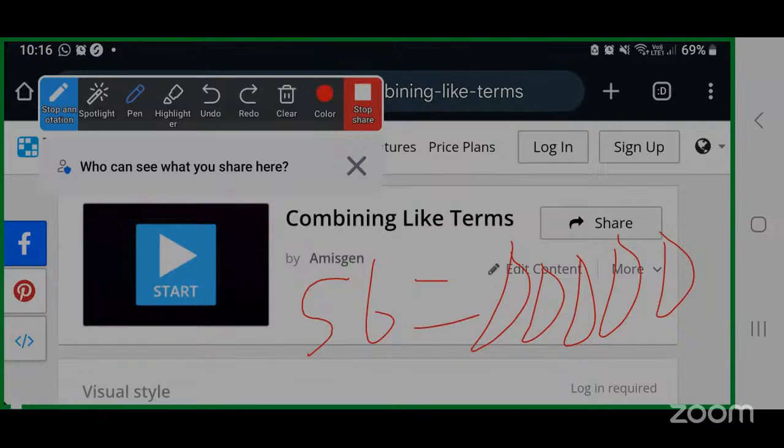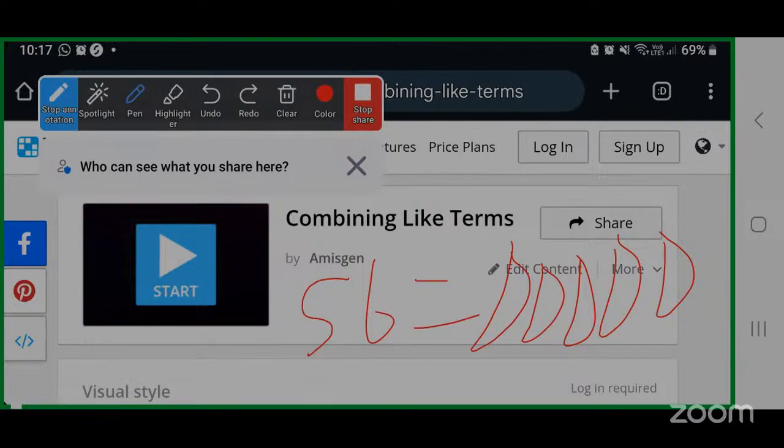So if B is bananas, I can also say it's 5 times B. Even though we don't tend to see the times there when we're dealing with algebra, imagine in your mind that there's an invisible times symbol between your number and your letter term. And that's how we deal with algebra and expressions.